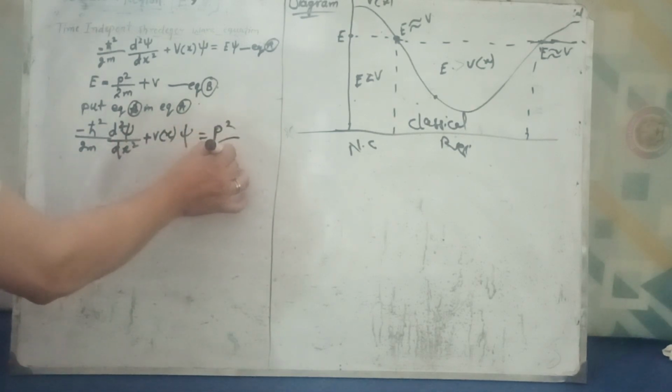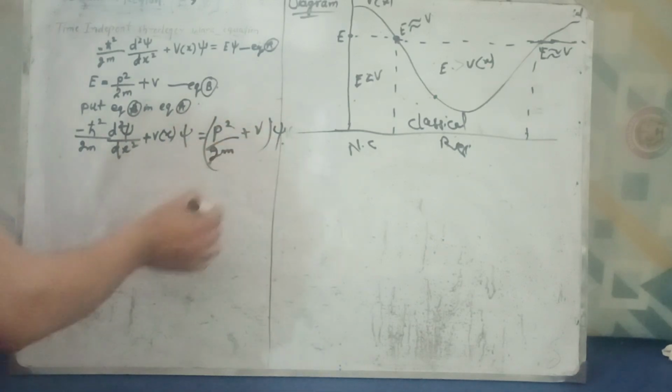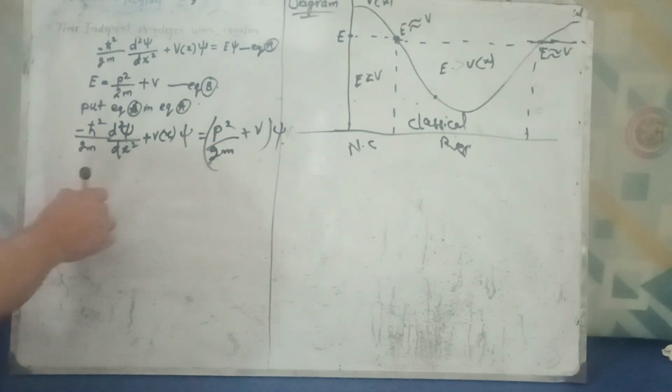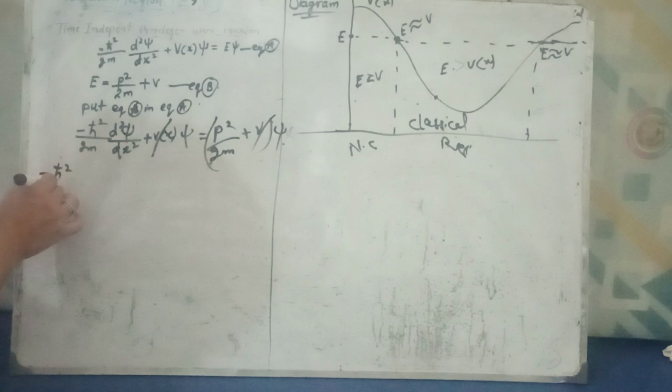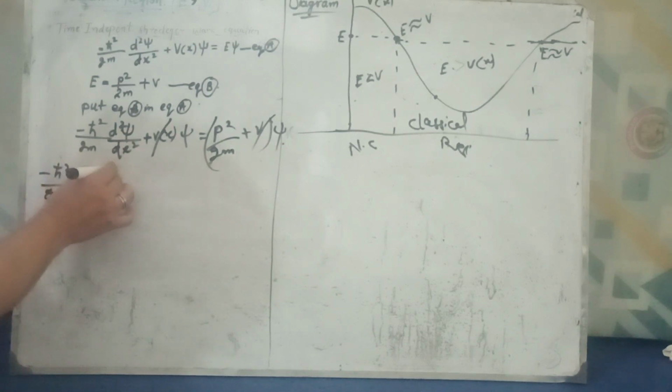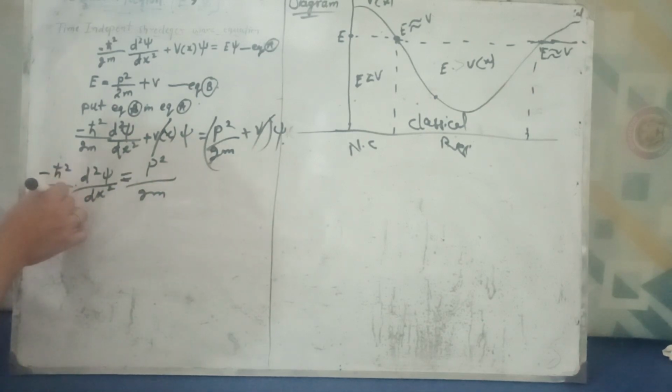We will get p square divided by 2m plus V into psi. V of x will be cancelled with V of x psi, and we will get minus h cut square divided by 2m d2 psi divided by dx2 is equal to p square divided by 2m psi. 2m cancels with the 2m.